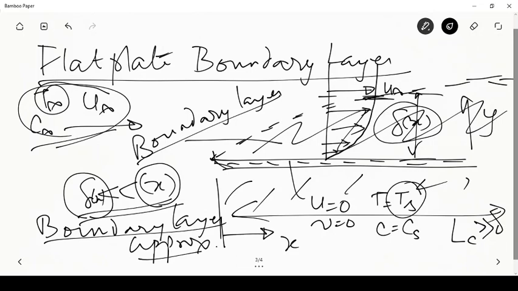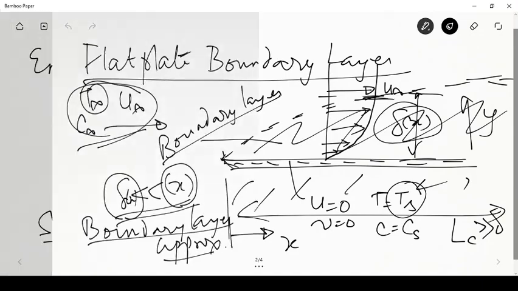So the temperature at any location can be normalized with respect to this Ts minus T infinity. If I take T minus T infinity as the temperature, so T minus T infinity by Ts minus T infinity, or T minus Ts divided by T infinity minus Ts. So this kind of a normalization will make sure that this whole variable varies only between 0 and 1 inside the boundary layer. So let us write those quantities.